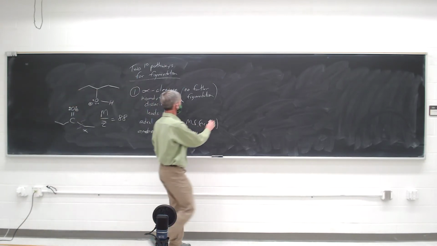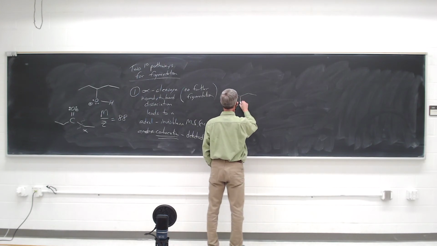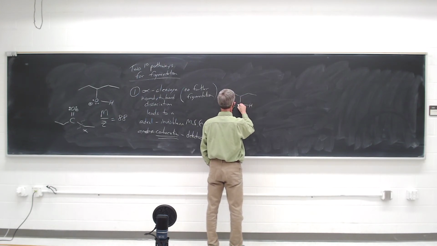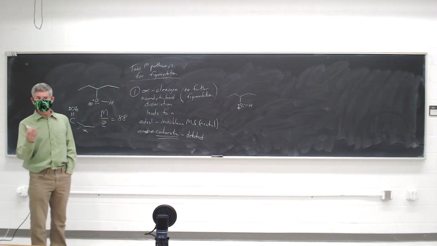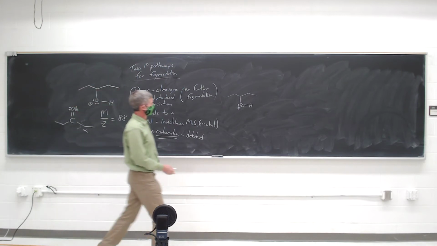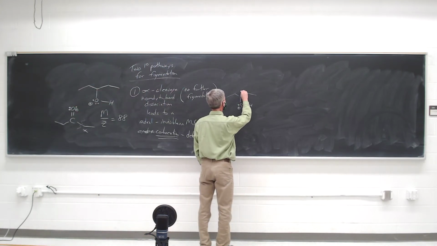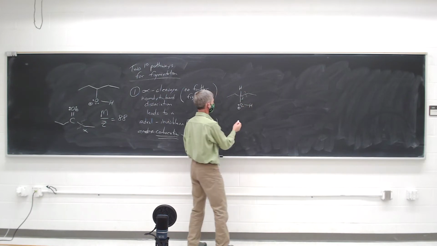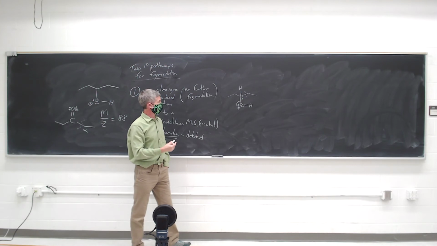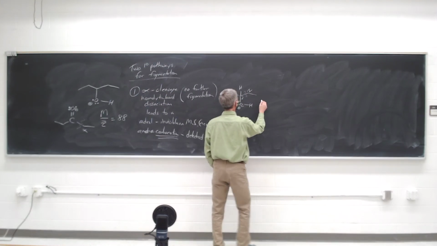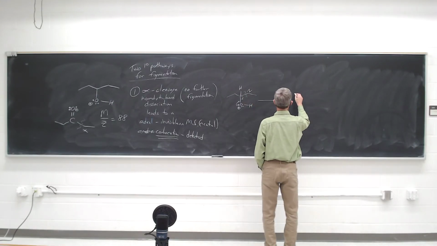So one way that you could fragment this and generate a pretty stable carbocation, right? We'd like to have something that's resonance stabilized, is to break this bond here, take one of the electrons and combine it with a single electron on oxygen, and create an ethyl radical.